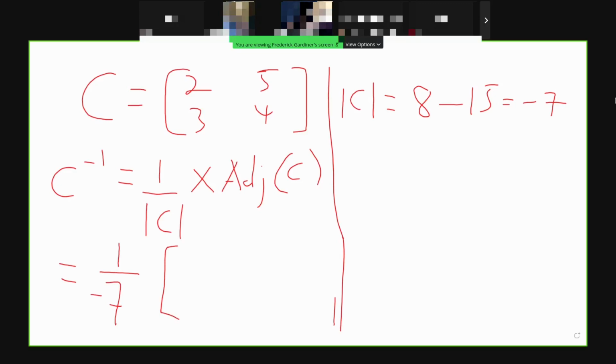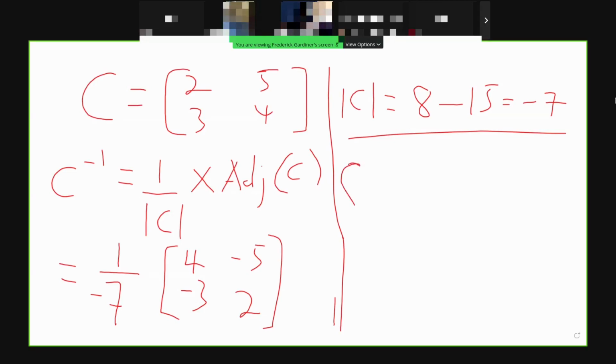How do I look for the adjoint? Elements in the leading diagonal interchange, so 4 and 2. Then I negate the other ones: -5, -3. And you all know that this multiplication is simply scalar multiplication. It means -1/7 will multiply everything in the matrix.